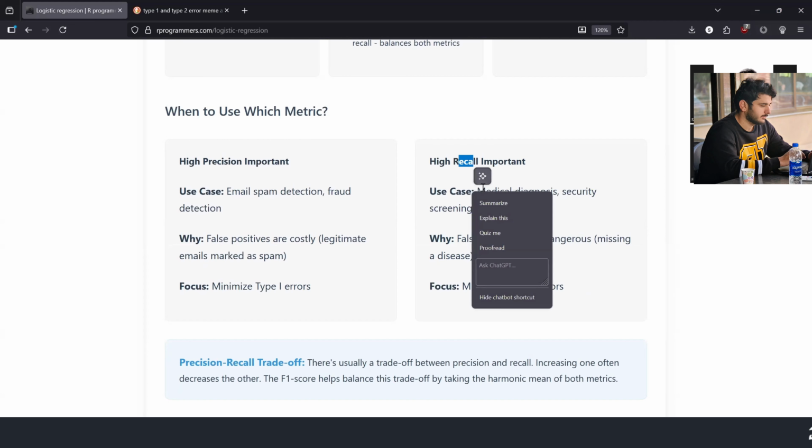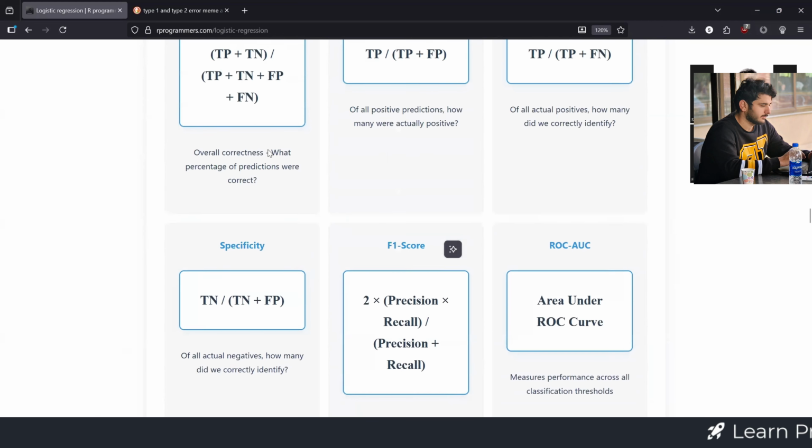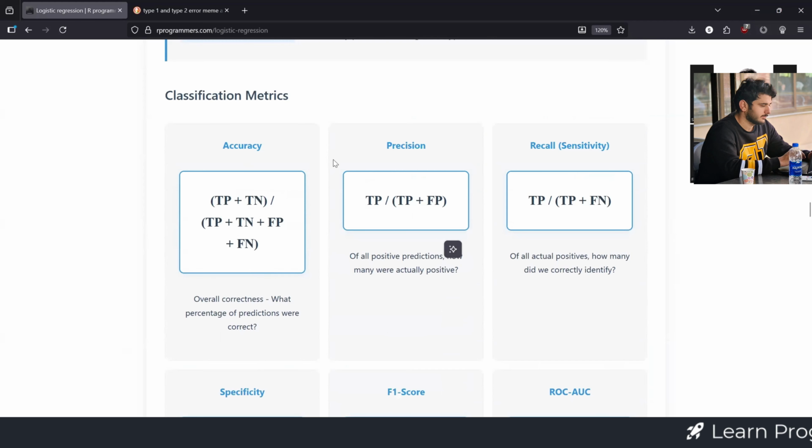Recall is mostly related to medical diagnosis, because if you're trying to predict some disease and you're missing it, you are going to go through all the wrong treatment, and that's a problem. So depending on the problem, you go with good accuracy, or good precision only, or good recall only.